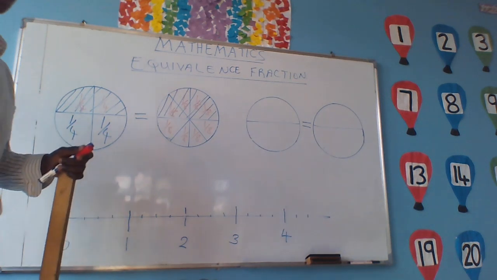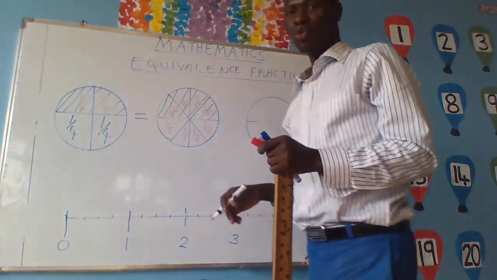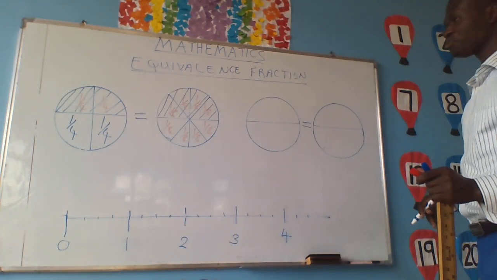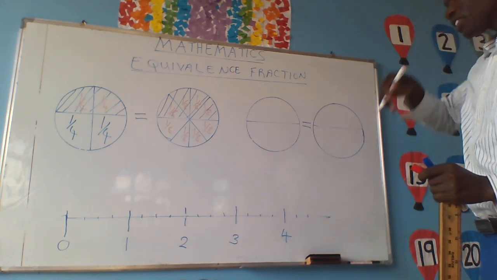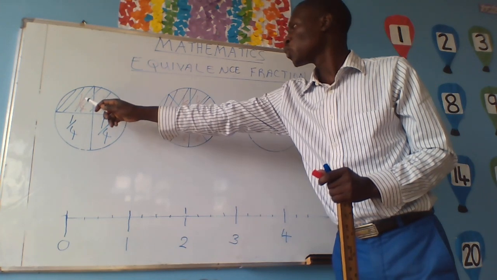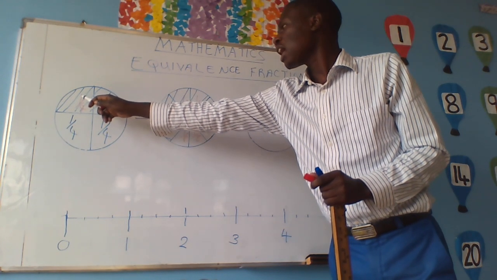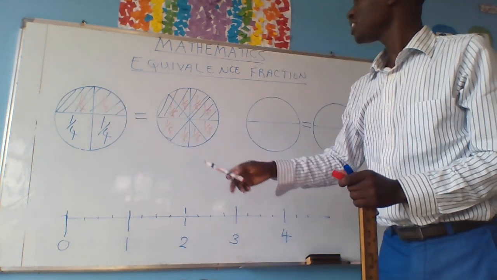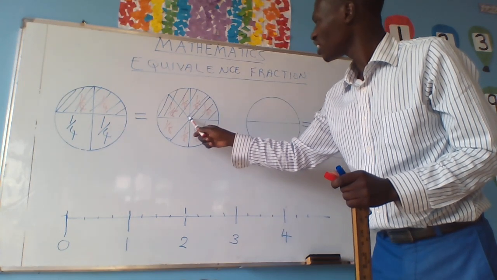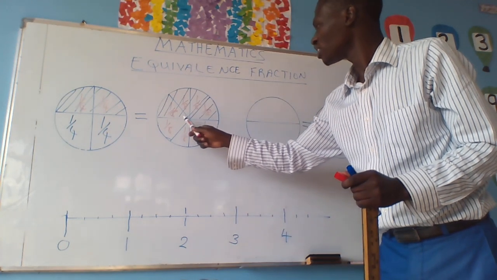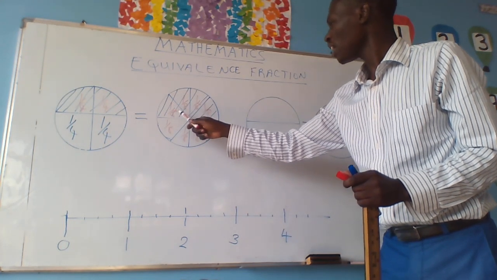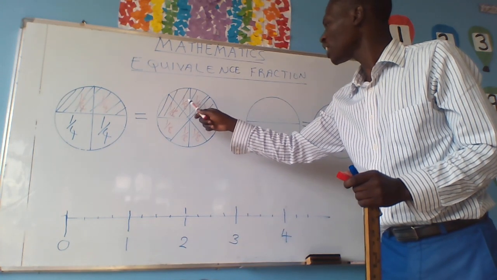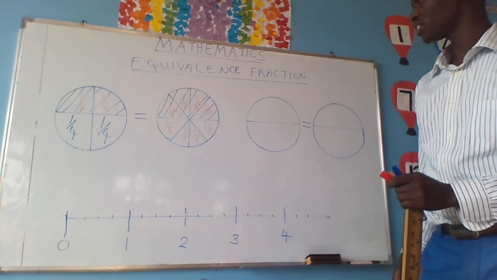Now we are looking for equivalence fraction. That means 1 out of 4, or 1 over 4, or a quarter, is equal to 1 out of 8 plus 1 out of 8.